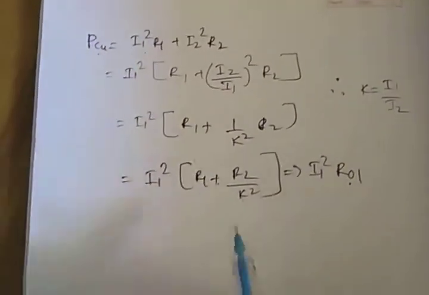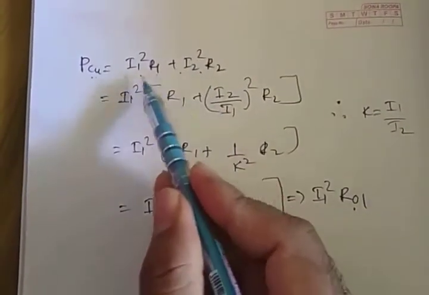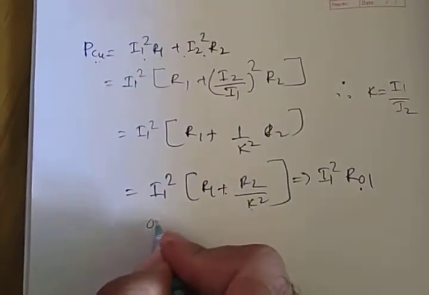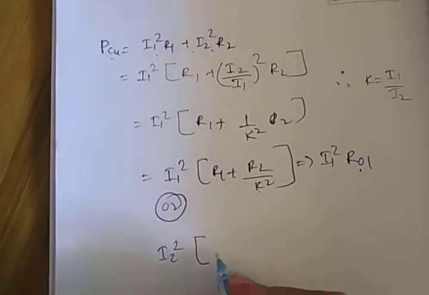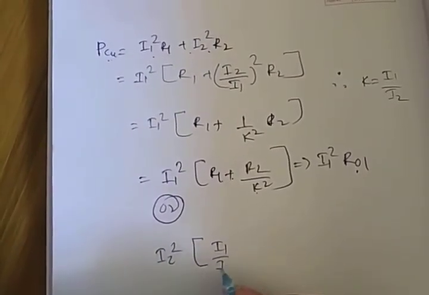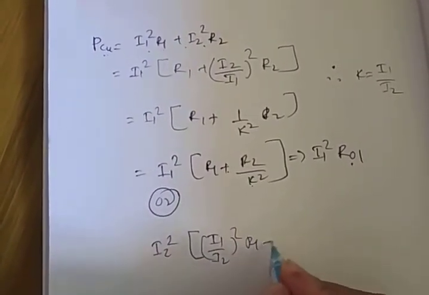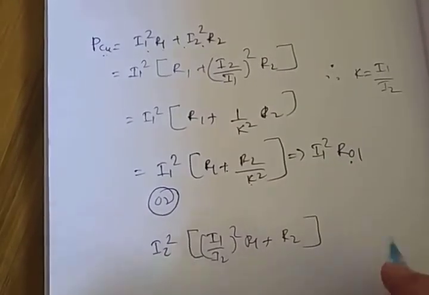Referred to secondary means you now take I2 square common outside. I2 square into (I1 by I2) whole square into R1 plus R2.